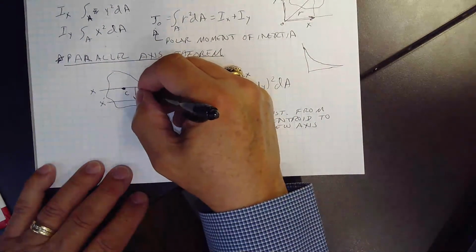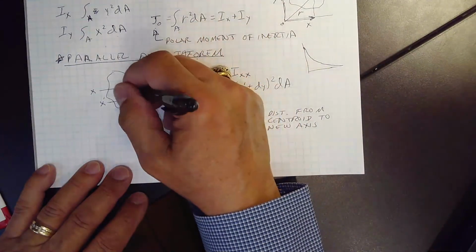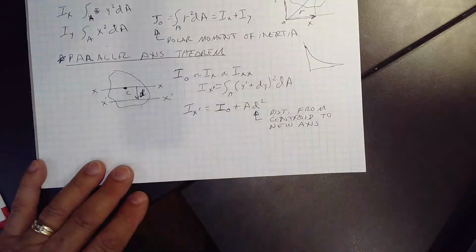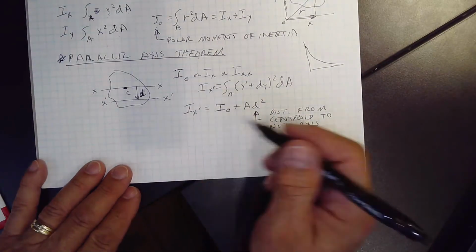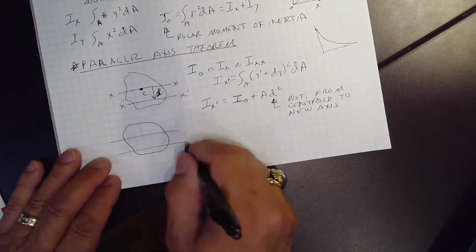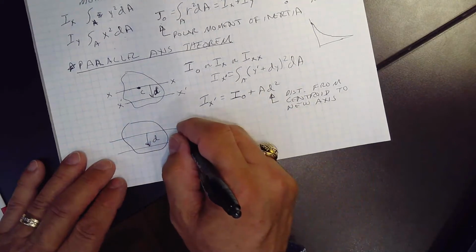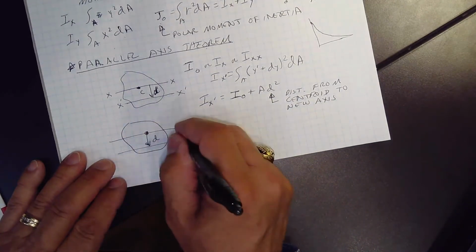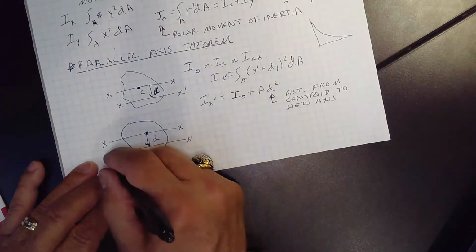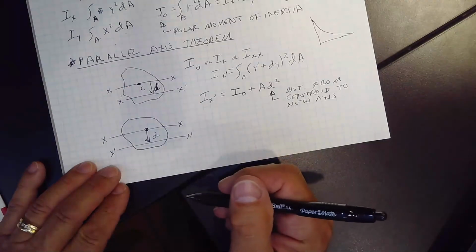This should be D here. Let me draw that again. We're going to want to move it. If we know this, this is D. This is the centroid. This is X prime, the new one. And that's D, the distance we're moving it.